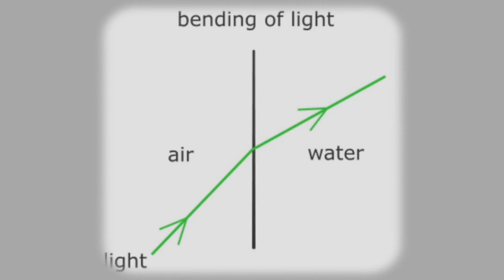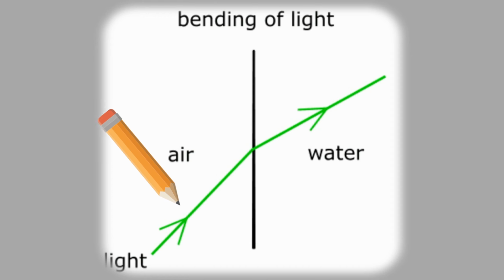Next, we have to consider the laws of refraction. While refraction takes place, two main conditions will always be satisfied, and these are termed the laws of refraction. Whenever we consider refraction, the light ray which is incident at the boundary of the two transparent media is considered the incident light ray.